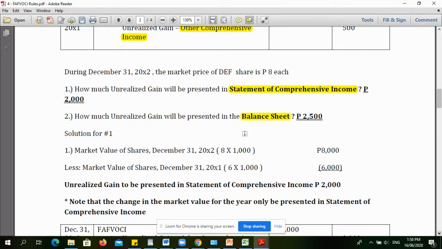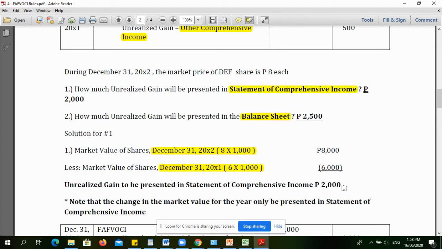Remember that the market value of shares on December 31, 20x2 is 8 pesos times 1,000 shares equals 8,000 pesos. Less market value on December 31, 20x1. So 6 times 1,000 shares equals 6,000 pesos.